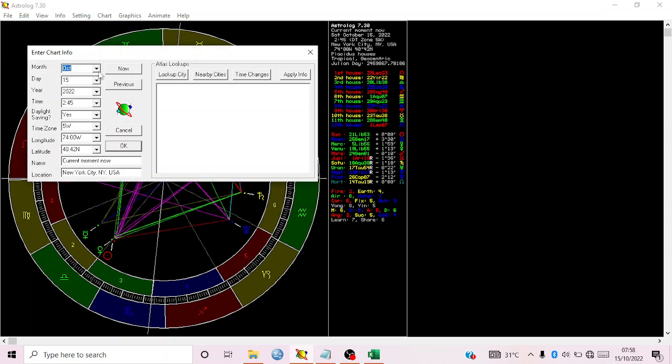Then we're going to put in the month as July, on the 26th this year, at 9:29. For the place, we look up the same New York City and then apply the same location. So if you did everything right, this should give you the exact transit of Mercury.